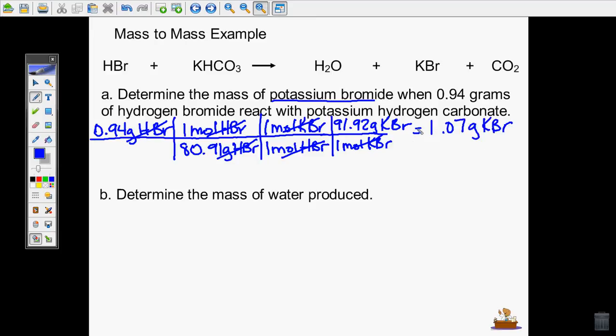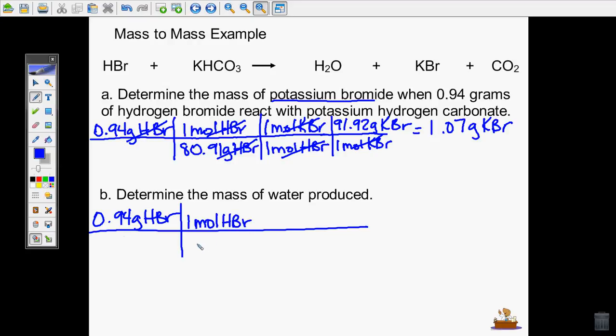This is the longest it will get when we're doing these, okay? Determine the mass of the water produced. Okay, well, I'm still going to start with what they gave me in problem A, because I have to start with something. And I know for sure I've got this. Alright, I still want to go to moles, so I need my molar mass of HBr. So that cancels.